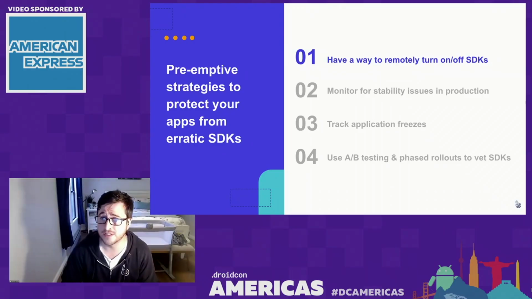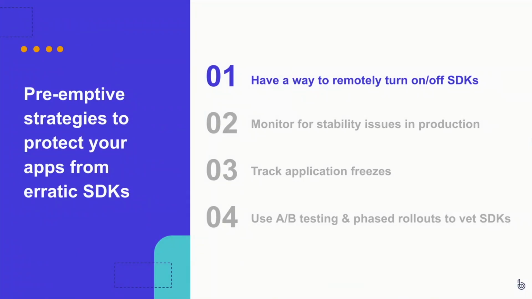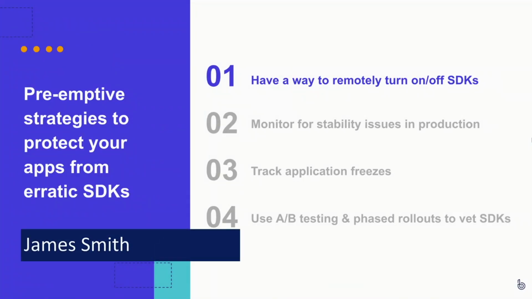Either you've rolled this yourself using something like Redis keys, or you're using a hosted service like LaunchDarkly or Split or something like this. These products allow you to turn on and off features for your customers or a subset of your customers using some kind of dashboard.